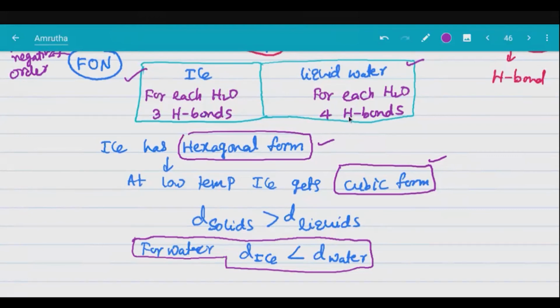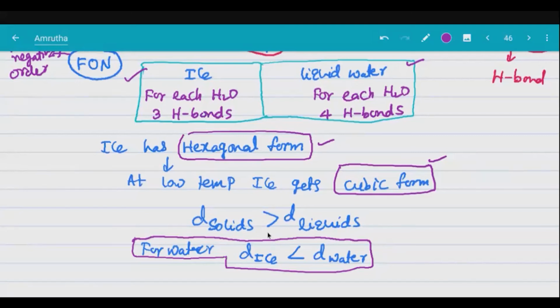But here there are 4 hydrogen bonds. Bonds are basically attractions, right? If attractions are more, molecules come closer. Here 3 water molecules are attracted, but here 4. So where are attractions stronger? Liquid water. So liquid water has more mass per unit volume. That is why ice floats on liquid water.